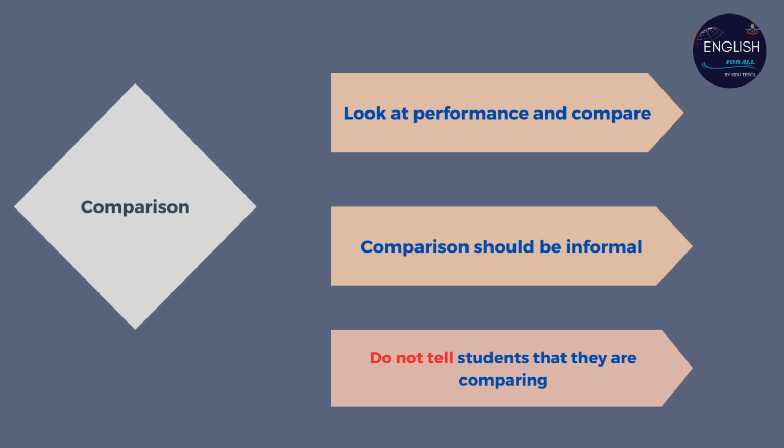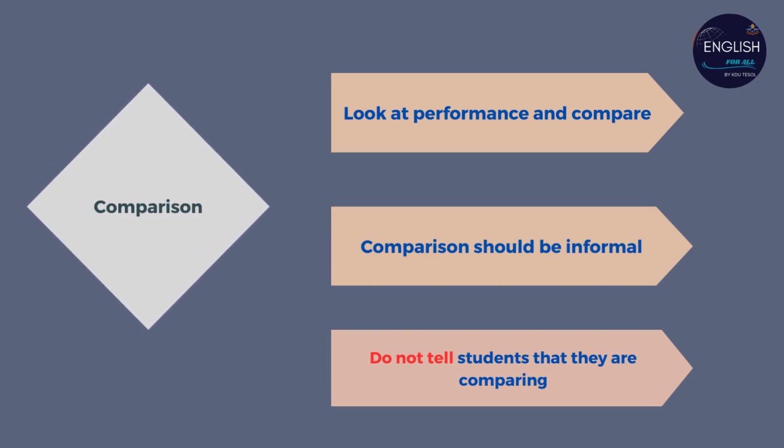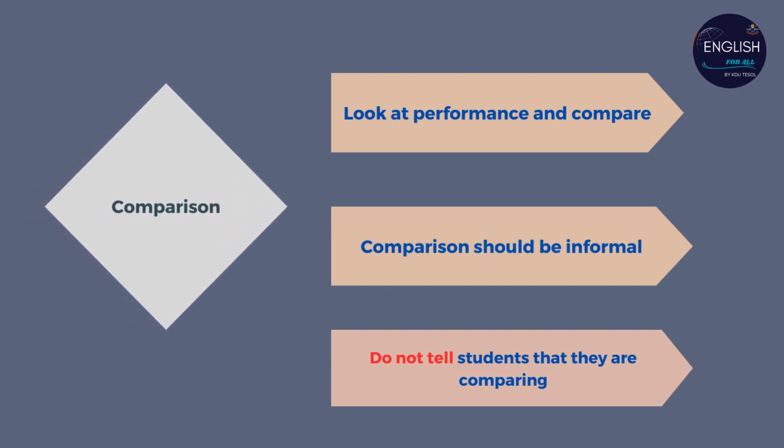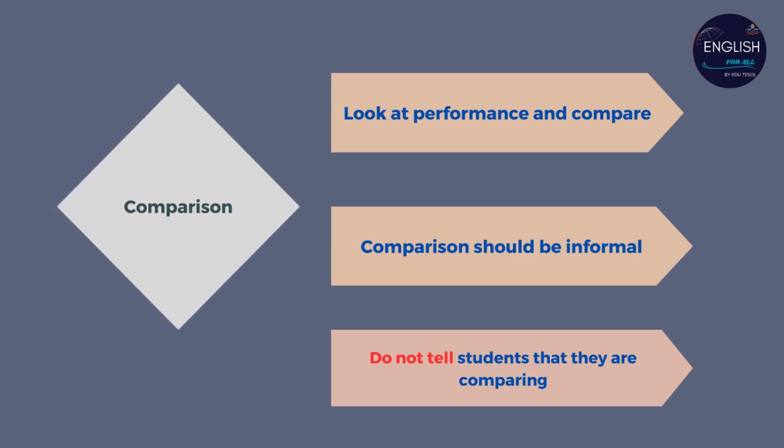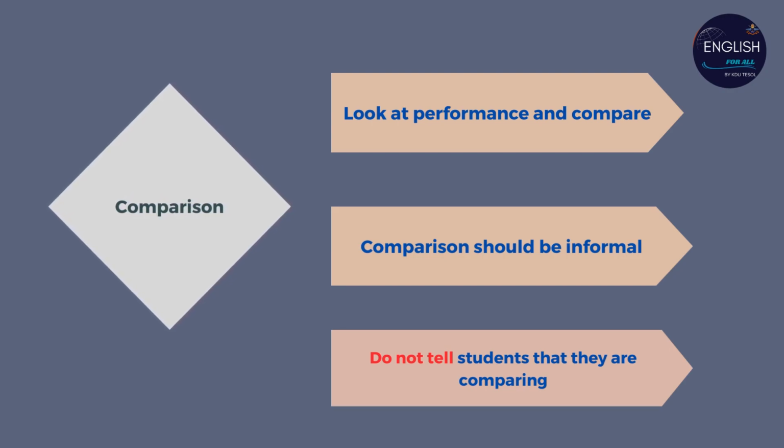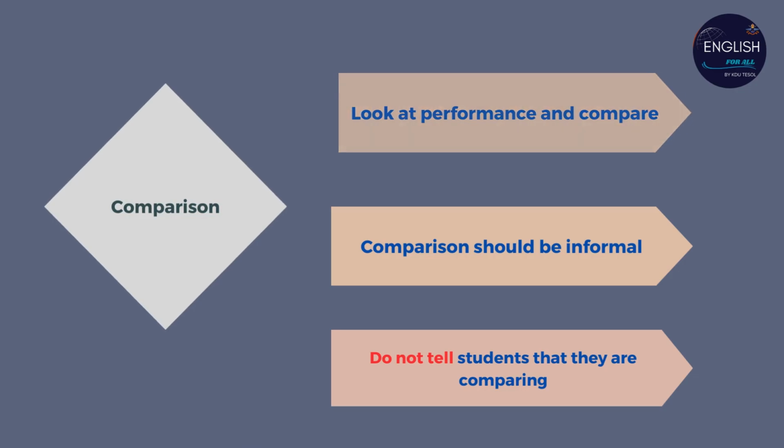How we interpret the results of observation and interview is usually we can compare. We can compare the performance with the other students in the class based on their proficiency. Through that, we can check whether their performance is different or not from the others, and it should be informal. This is only for teachers' identification purposes.